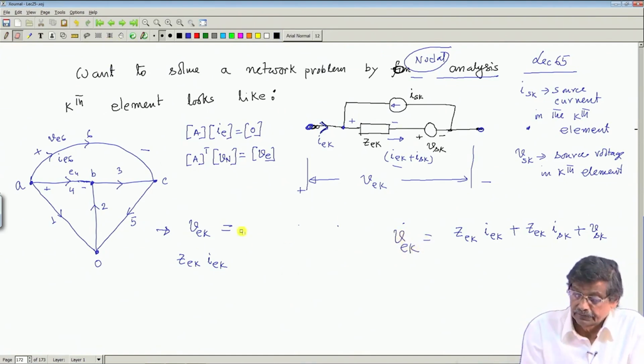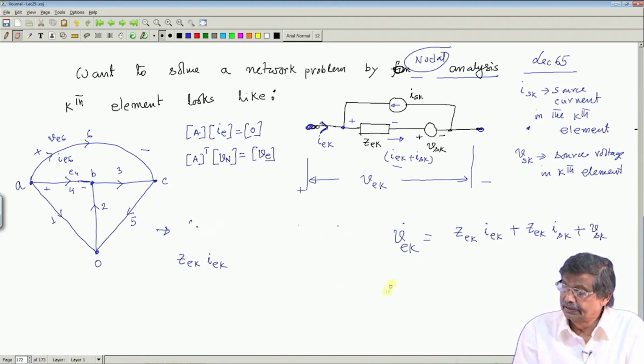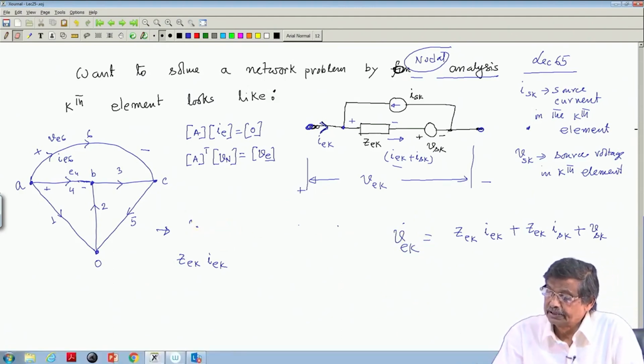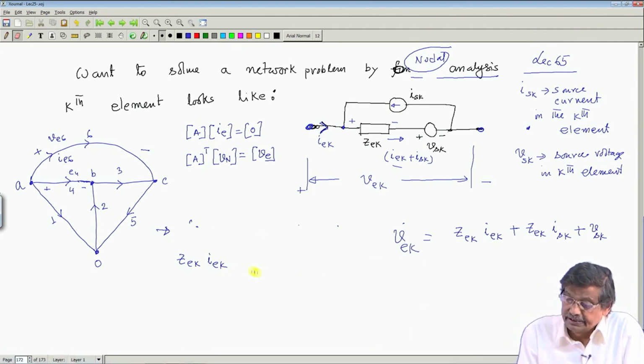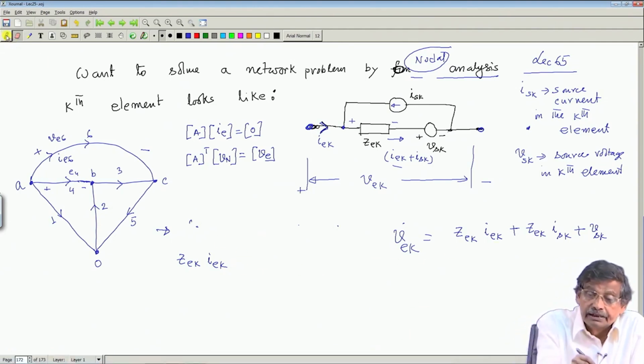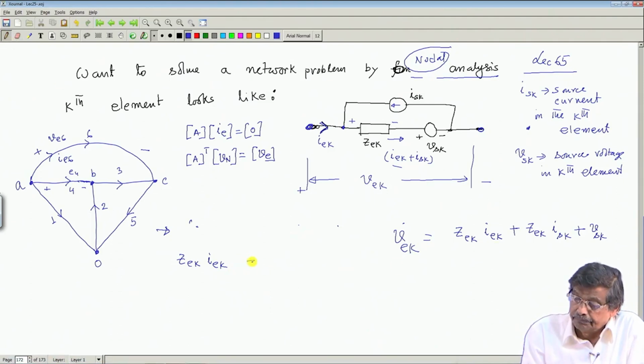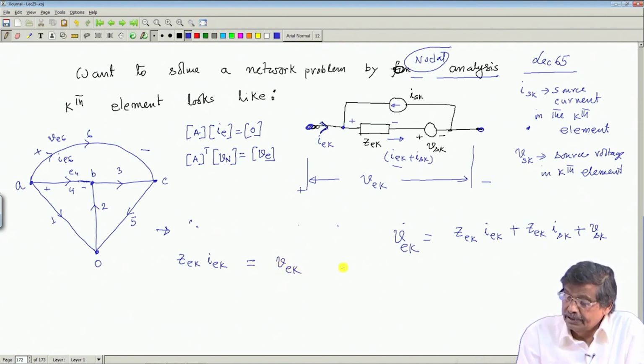So this is the thing I have got: j d k I e k equals I s k plus V s k. So j d k I e k can be written as V e k minus z e k I s k minus V s k.